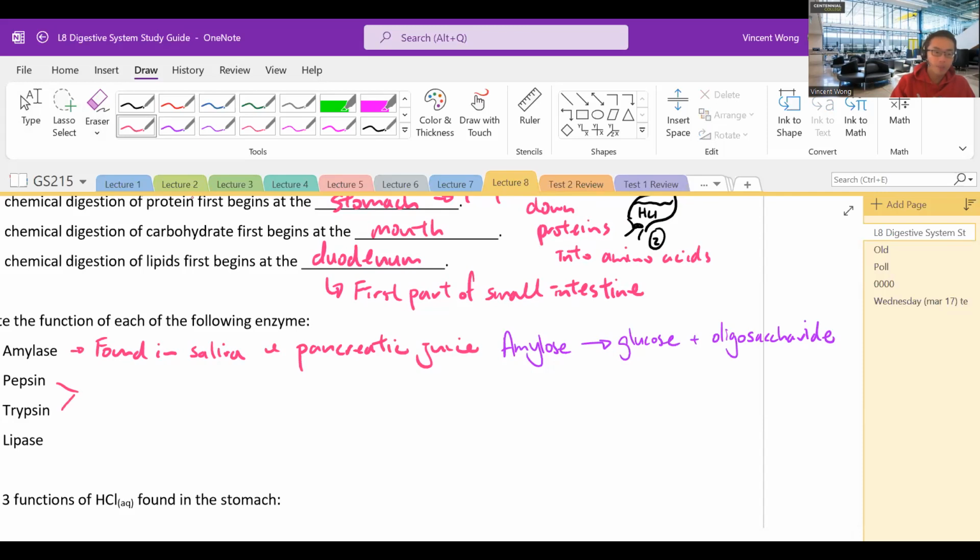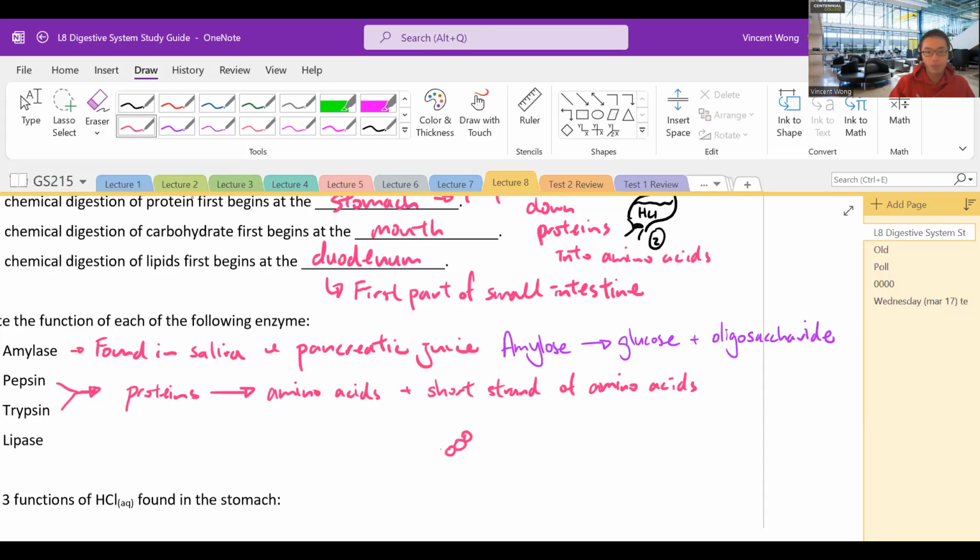Now, pepsin and trypsin, they are like cousins. They're related in terms of functionality. The function of pepsin and trypsin is to take protein and chop it up into amino acids, or short strands of amino acids.